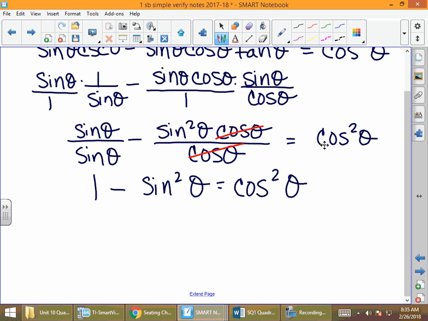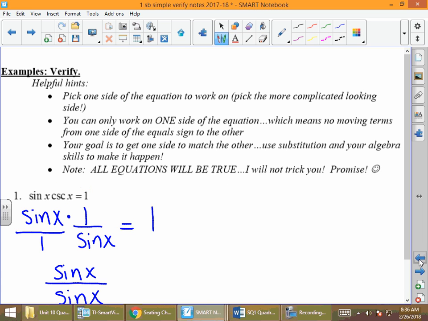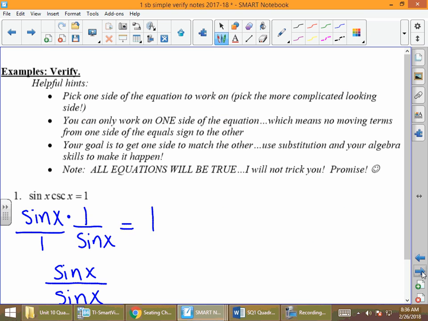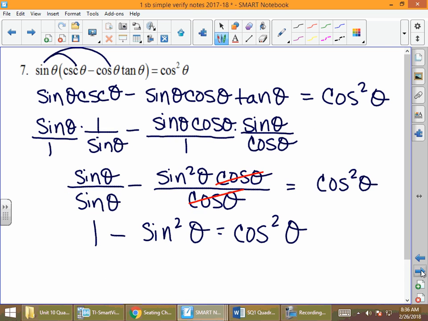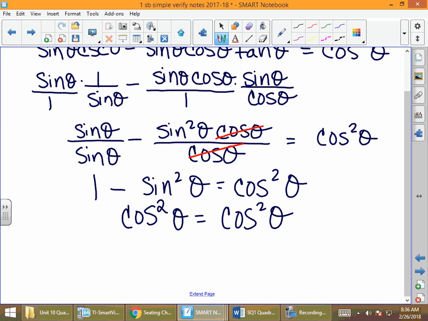So if we go back here to our Pythagorean identities, and you can look at your yellow paper, what we see is one that we're fairly familiar with, that 1 minus sine squared theta does equal cosine squared theta. So we can substitute that in instead. So we get cosine squared theta. And there we match up with the other side of cosine squared theta.